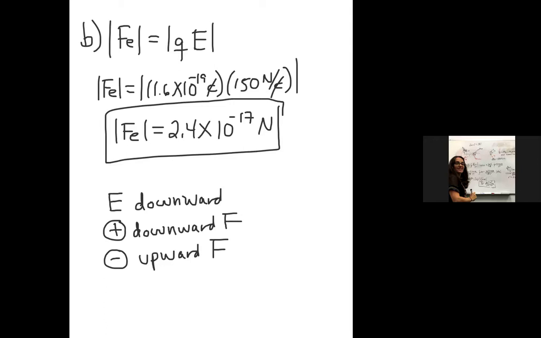So now, if the electric field points downward, what does a positive charge do? A positive charge would feel a force downward, and a negative charge would feel a force upward. So this is a negative charge, so we get an upward force.